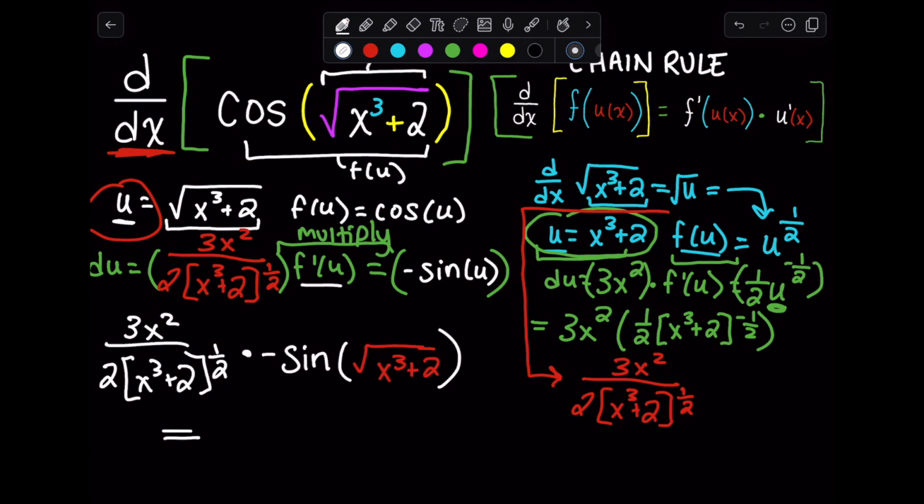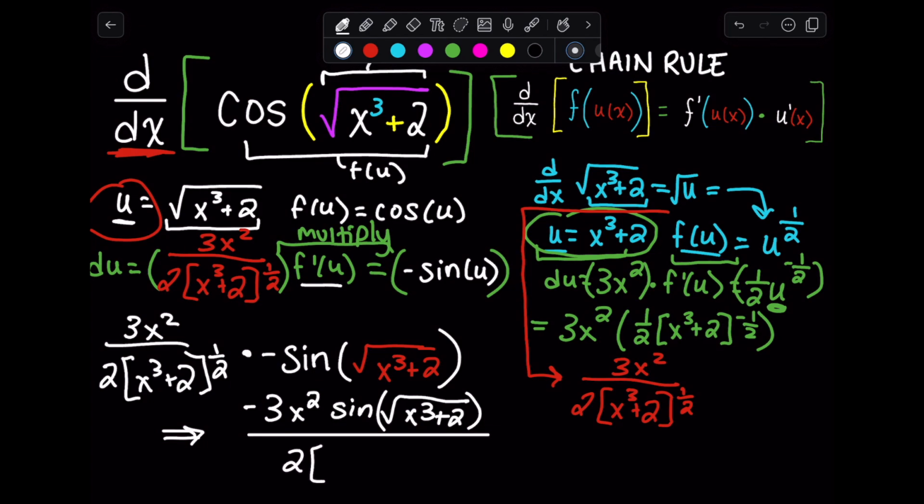We can combine these two together if we want to get negative 3x squared sine of root x cubed plus 2 all over 2 times x cubed plus 2 to the power of 1/2.